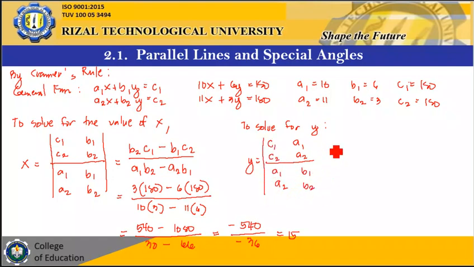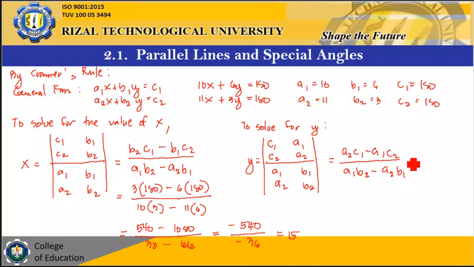Okay, let's plug in. This would be a sub 2, c sub 1 minus a sub 1, c sub 2 all over a sub 1, b sub 2 minus a sub 2, b sub 1. Notice that the denominator of the determinant in x is the same as the denominator of the determinant of y.